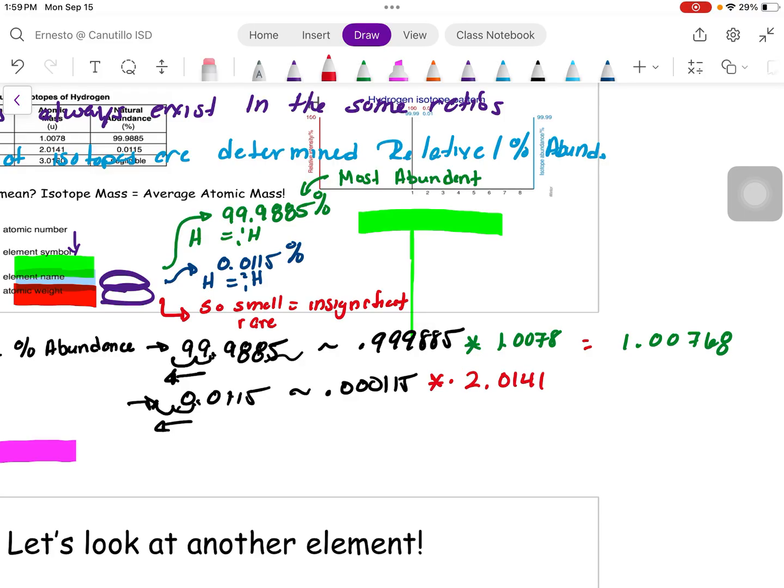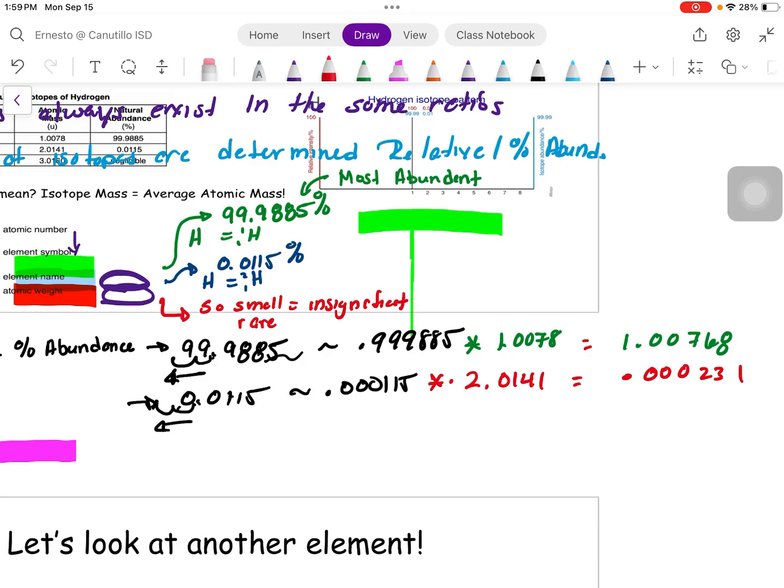Apologies for that. The technical difficulties of my tablet here kind of got me all screwed up. So 0.000115, I'm going to multiply that by 2.0141, and I'm going to end up with 0.000231.